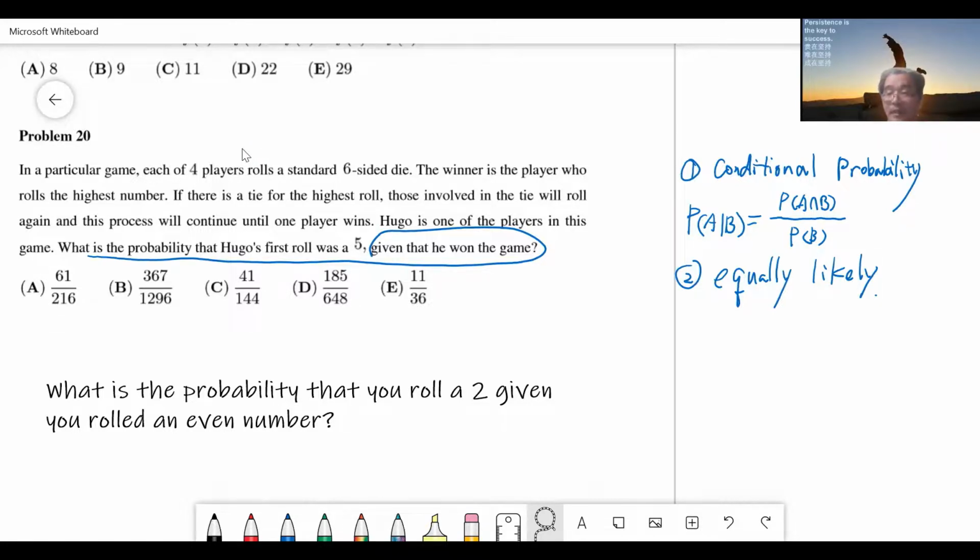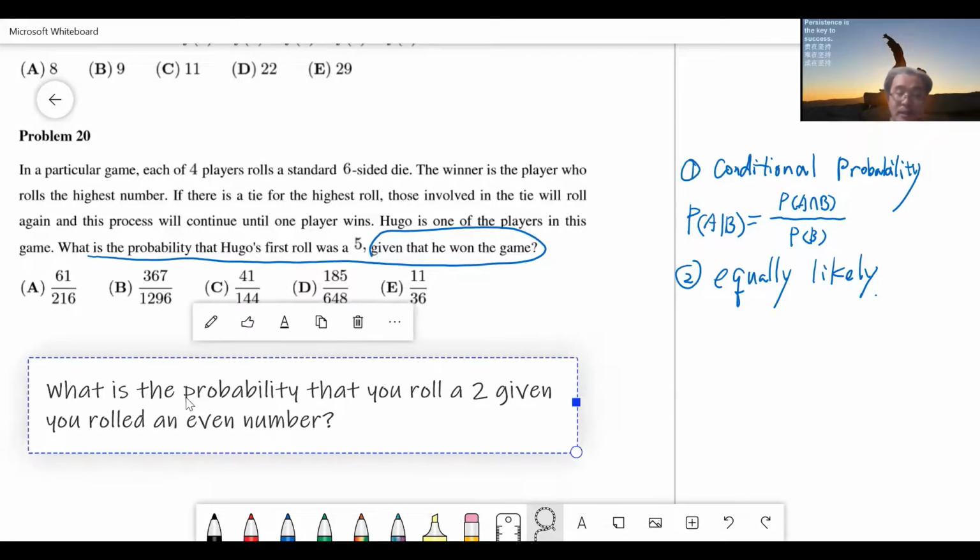That's his probability to win. Suppose they tie and there are only 2 people left. From there, they roll for the winner. These 2 are equally likely, each one has 1/2 of a chance to win. This is called equally likely.